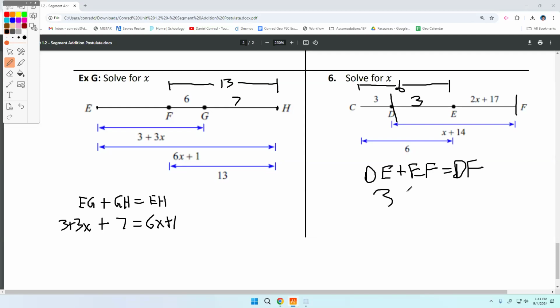And then I would have 3 plus 2x plus 17 equals x plus 14. Okay, so you don't need to use all the pieces all the time. You just got to use whatever you can to get those solutions.